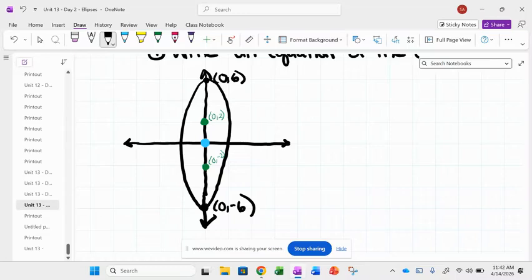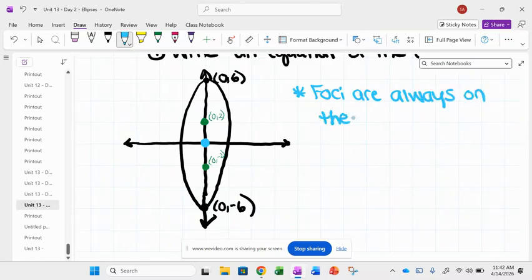So I'm going to write that down for us. Star, foci are always on the major axis. So with that said, therefore, this is a vertical ellipse.